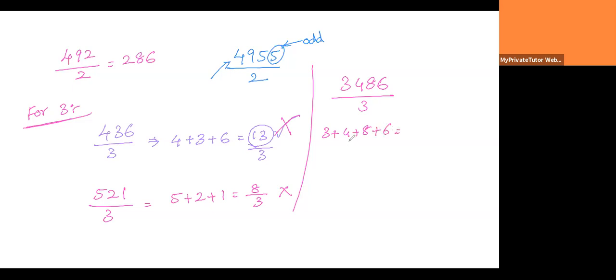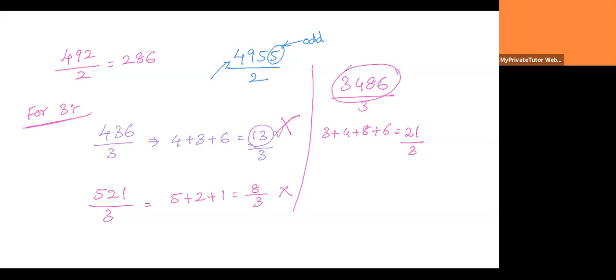Just try: 7, 15, 21. So 21 is divisible by 3, isn't it? 3 sevens are 21, which means the original number, 3486, is divisible by 3. Hope everyone understands. So let's go to the PPT.